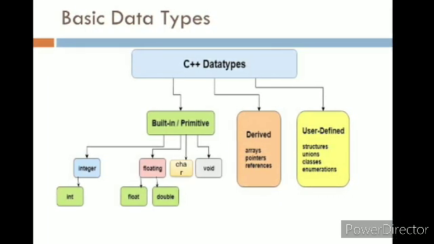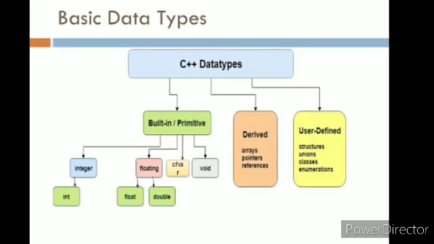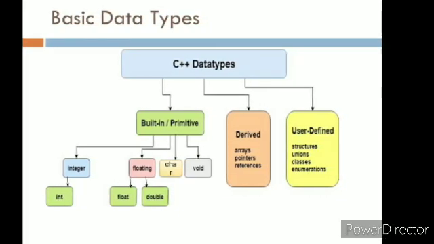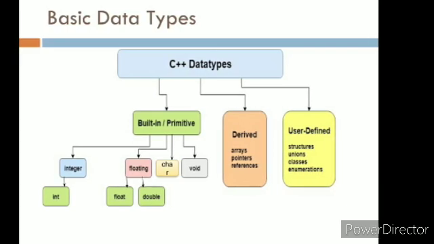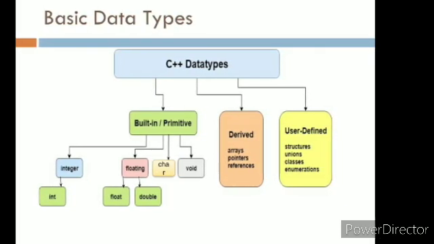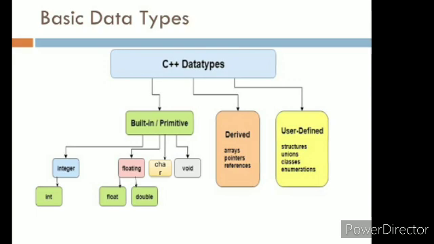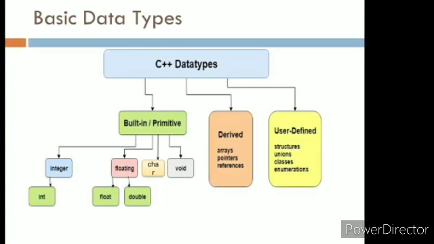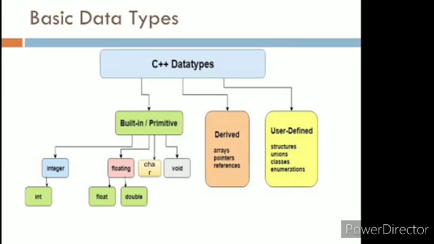They work similar in C++ as they are working in C language. Now, derived data types include arrays, pointers, and references. Here, references is a new concept for C++. User-defined data types include structures, unions, classes, and enumerated data types.